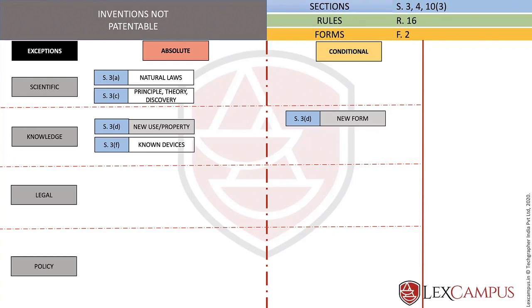Now this is the important part. Unless they differ significantly in properties with regard to efficacy. Now that part, unless they differ significantly in properties with regard to efficacy, efficacy has been interpreted in the Novartis case both by the High Court and by the Supreme Court and also by the IPAB as meaning therapeutic efficacy when it comes to drugs and medicines.